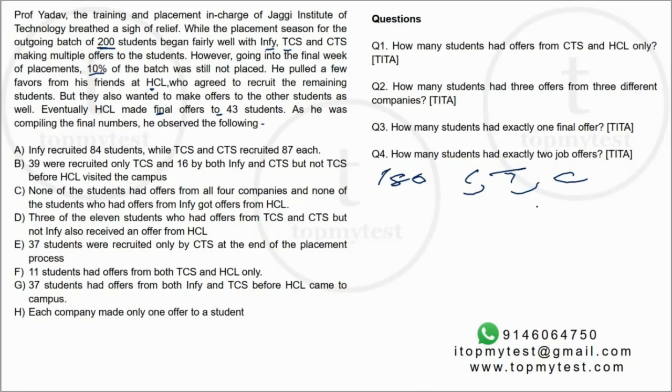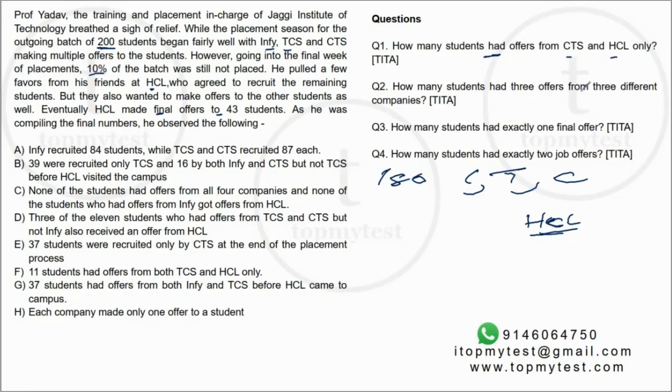So you have a fourth variable, which is HCL, people who were offered jobs from HCL. That also comes into play over here. So it's a 4 variable Venn diagram and you have information about all of them. And if you look at it, the questions all look determinate, which means you will be able to solve the entire set. How many students had offers from CTS and HCL only?